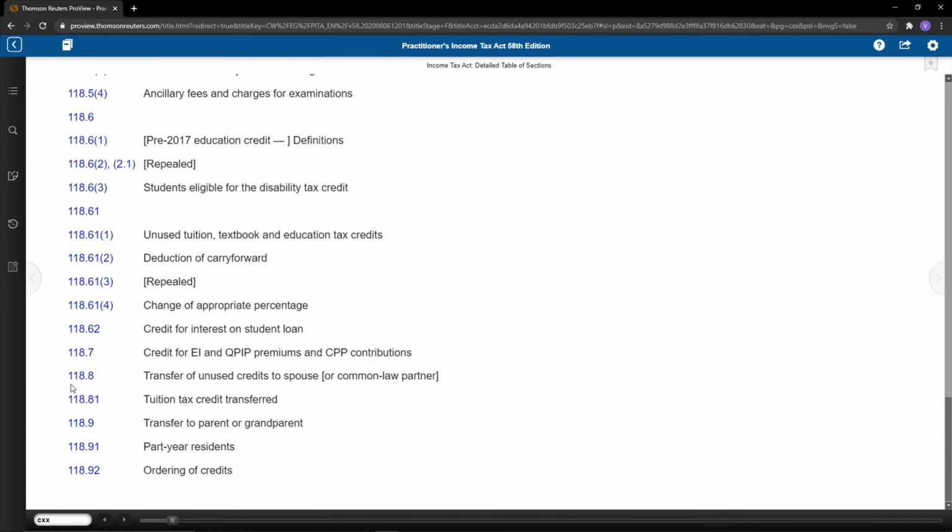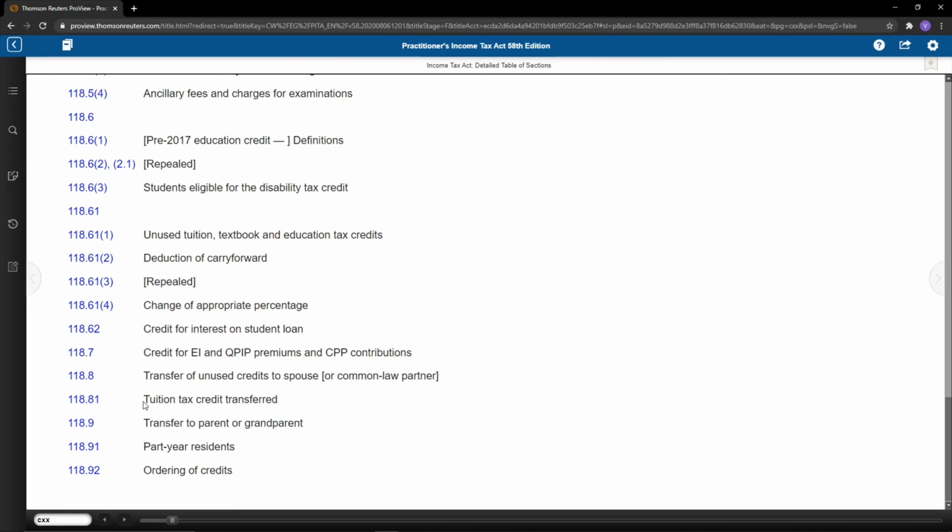Eventually, you will get there. Here's 118.8, not 118.08, but 118.8, which relates to the transfer of unused credits to a spouse. Then it looks like at some point they added another one, tuition tax credit transferred, and then we have 118.9, transfer to parent or grandparent.